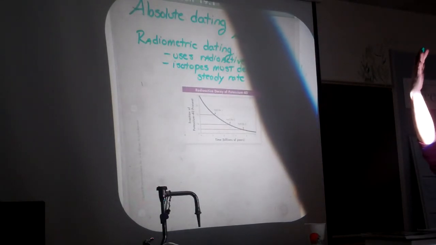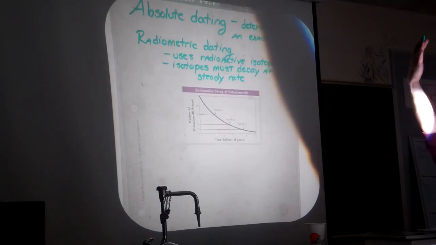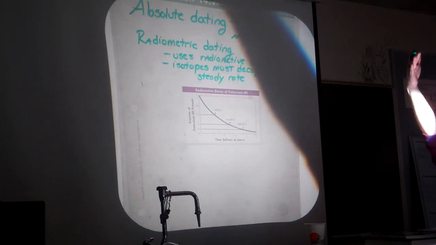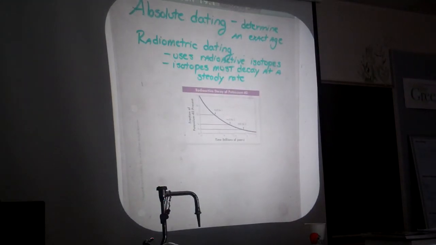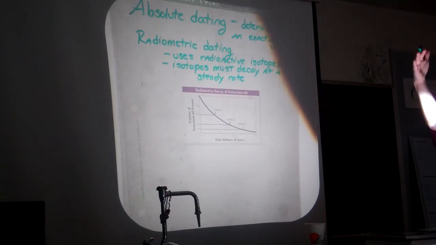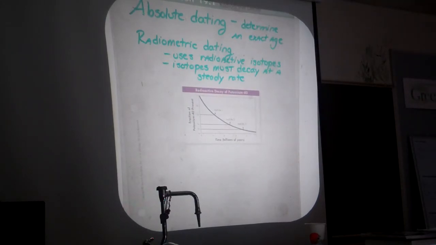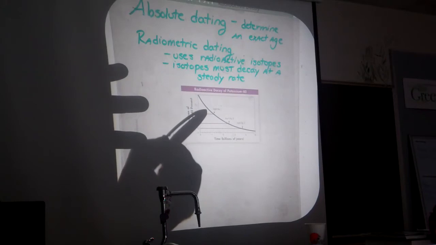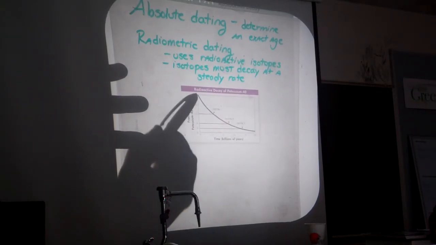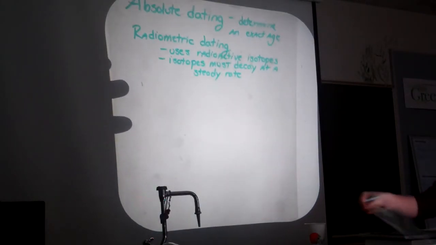In other words, potassium-40 doesn't remain 100% all the way through a billion years, and then in just the last 300 years decide to go back down. It's steady. That's why this line is gradual. It's a steady rate.